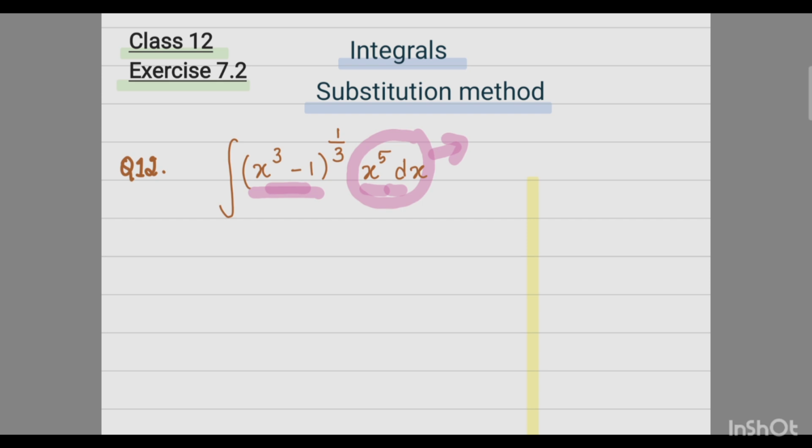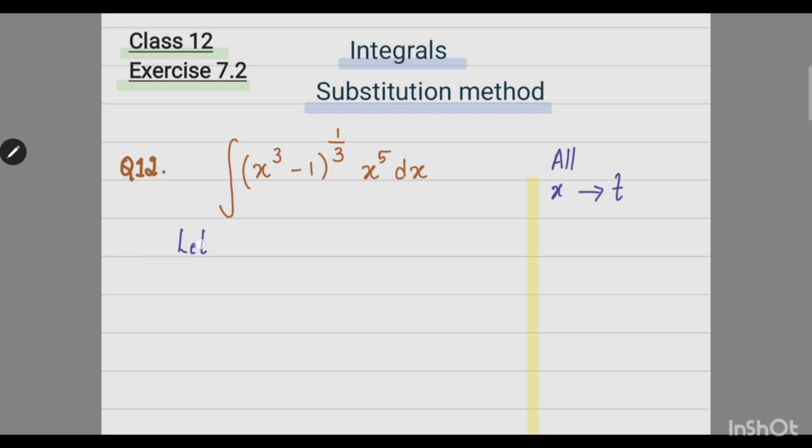So what we will do is, we will select x cube minus 1 equal to t, so that easily we can write x power 5 dx in the form of dt. The key idea is all x must be in the form of t.